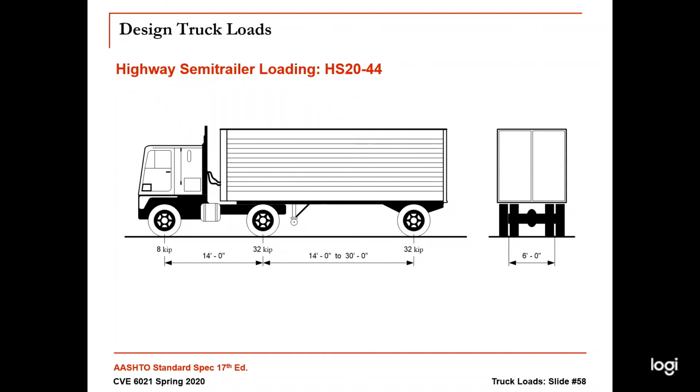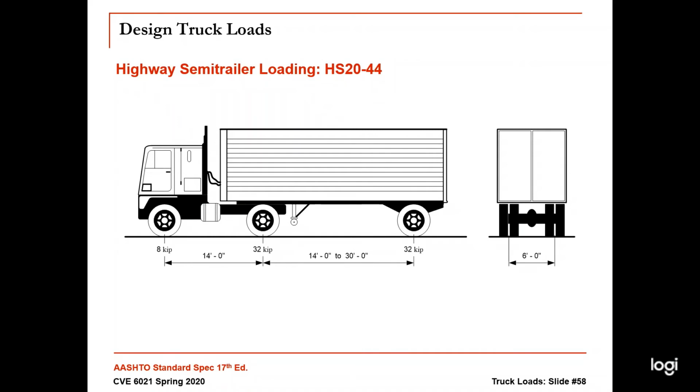The wheelbase, or the side-to-side spacing of the wheels, is 6 feet, but that really doesn't enter into this problem. The axle spacing is 14 feet from the first axle to the middle axle, and then it varies from 14 to 30 from the center axle to the rear axle. In our case, it's critical to have a shorter axle spacing so we get those loads spaced closer together.